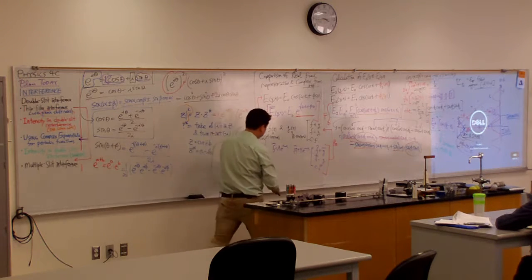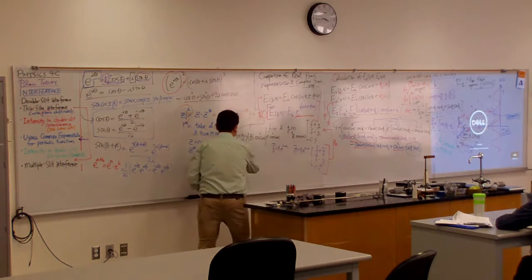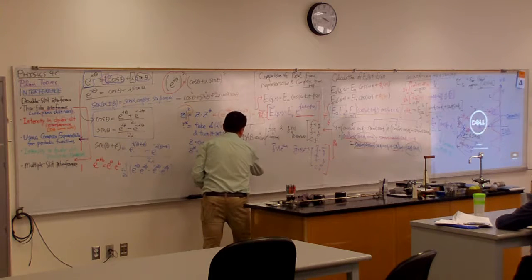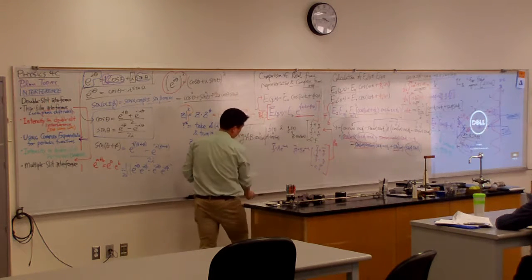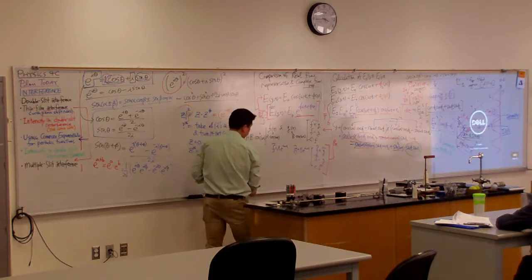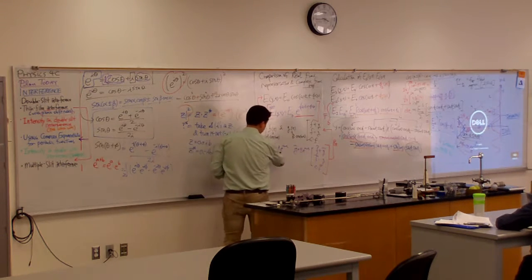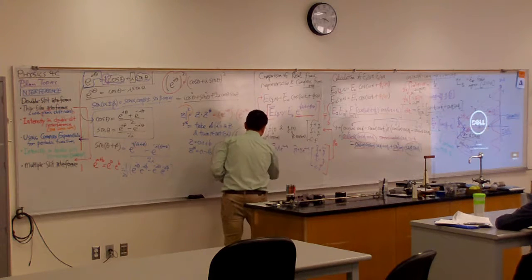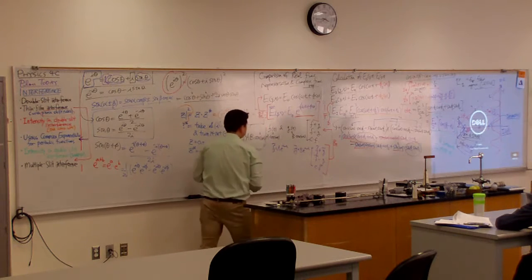Let me just try calculating f times g in the complex form. If I do f complex times g complex, this is what I get: a times b, so far so good, and then e to the i omega t times e to the i omega t. So e to the i omega t squared.